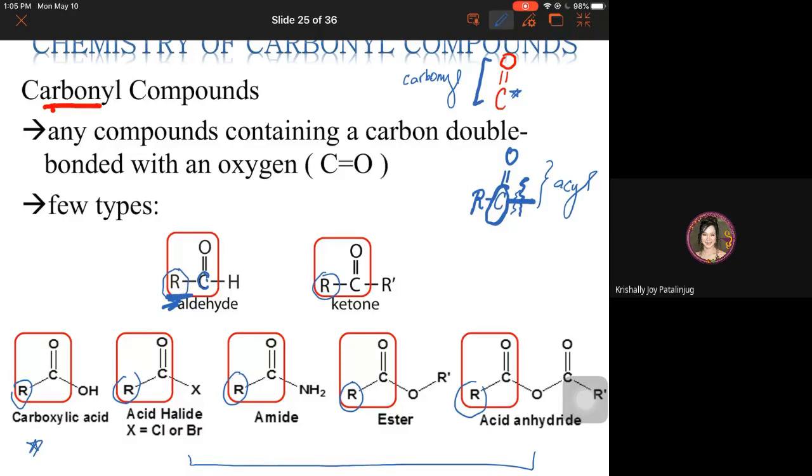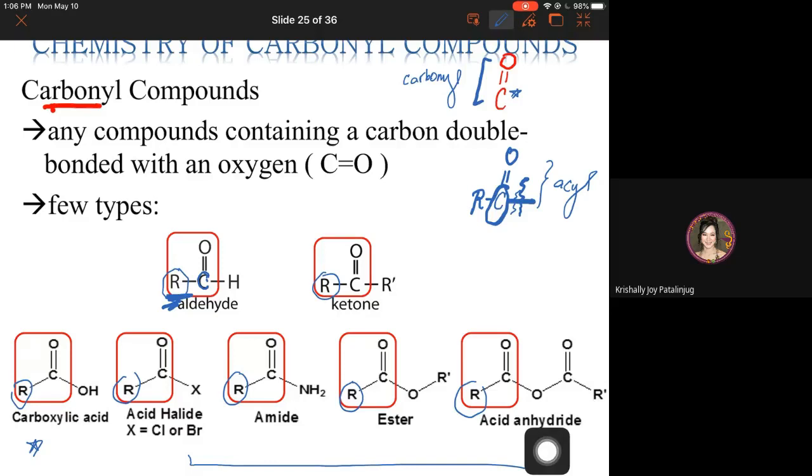Kasi pag R group, organic, we are talking about a carbon-containing compound. So pwede siyang any alkyl group, open chain, or a cyclic group, cycloalkyl group, or pwedeng aryl group, an aromatic ring with one hydrogen removed.